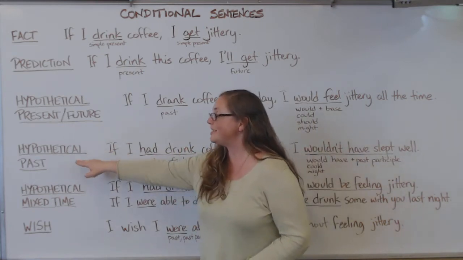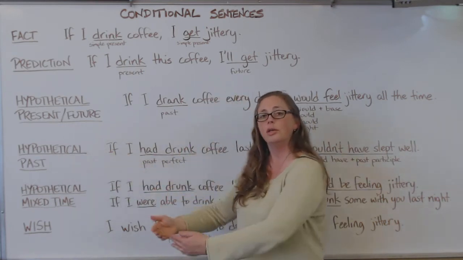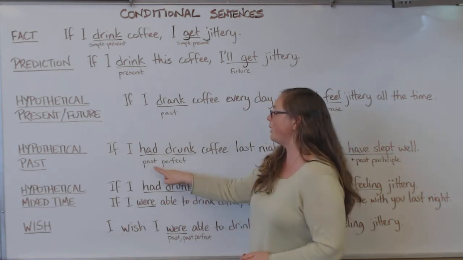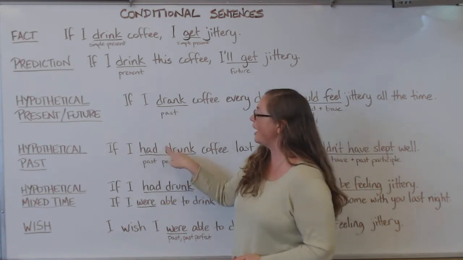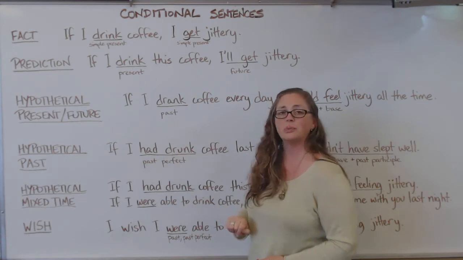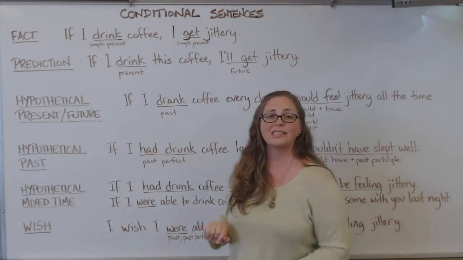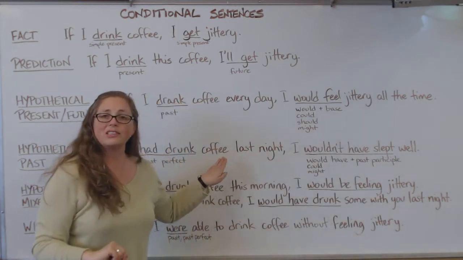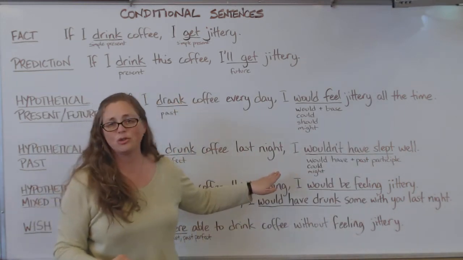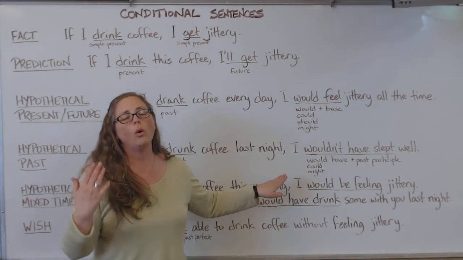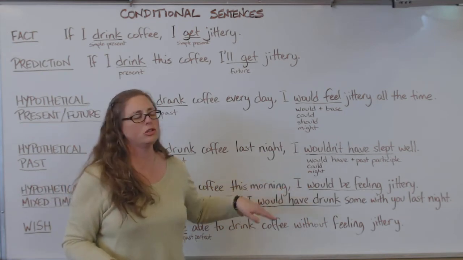So if we want the idea of the past, you need to go one step back to the past perfect using had and the past participle. If I had drunk coffee last night, this communicates the idea that I didn't drink coffee last night. We're only imagining the situation.